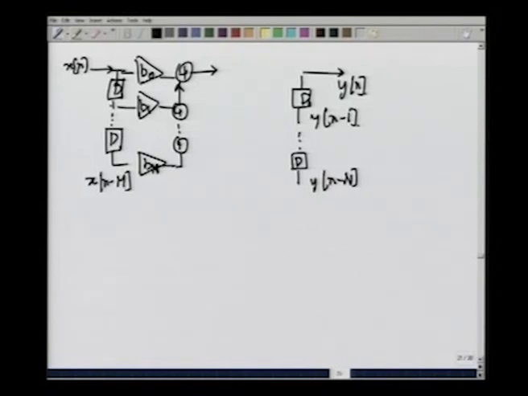Now, let us scale each of these terms by the appropriate scale factor. y[n minus N] gets scaled by minus aN, and so on up to here where y[n minus 1] is getting scaled by minus a1.